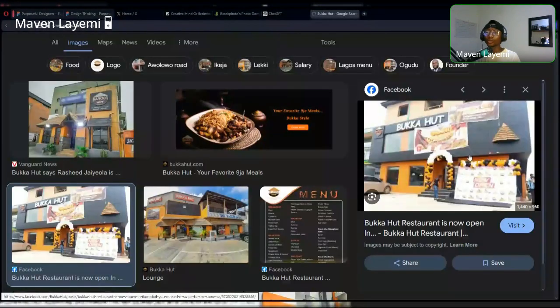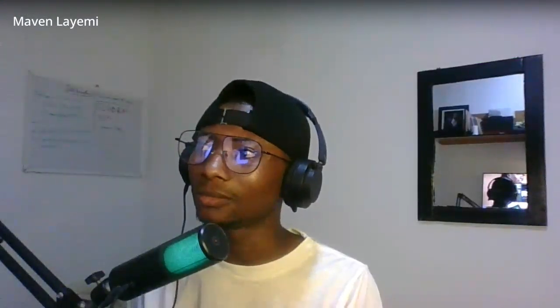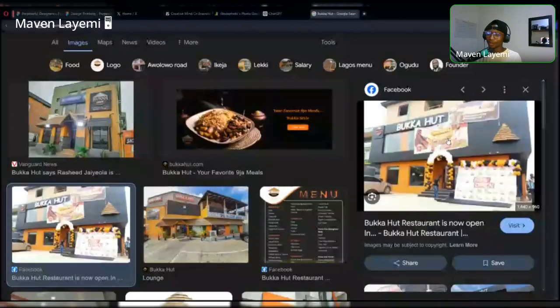So this is Buka Hut. You can see, it is still a buka, but it is now different. It is modernized. You cannot see something like this and say they will have a hygiene problem or will not be clean. So that's the kind of solution we want to give to Yakoyo.